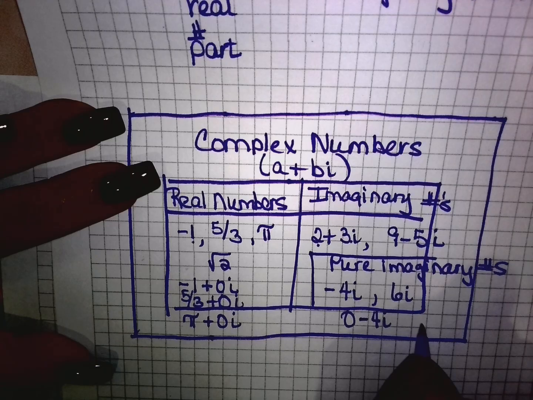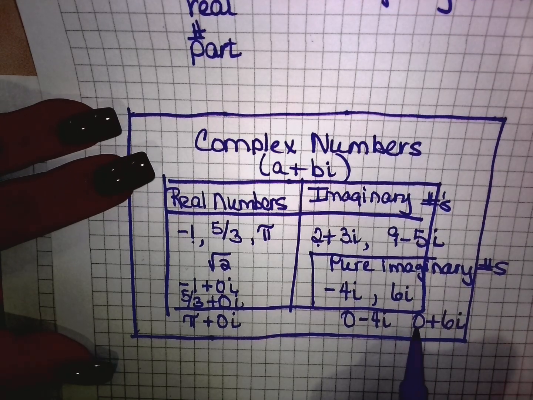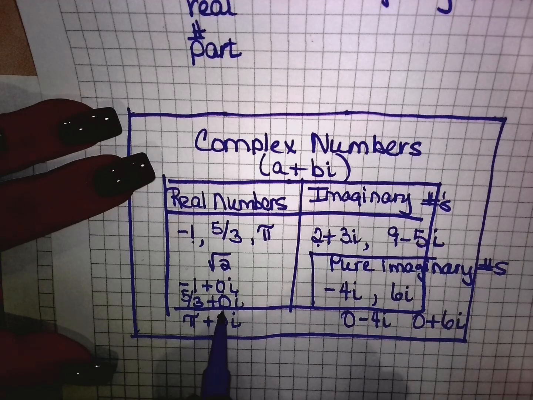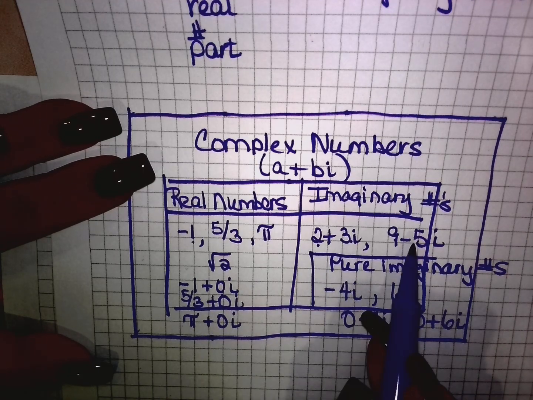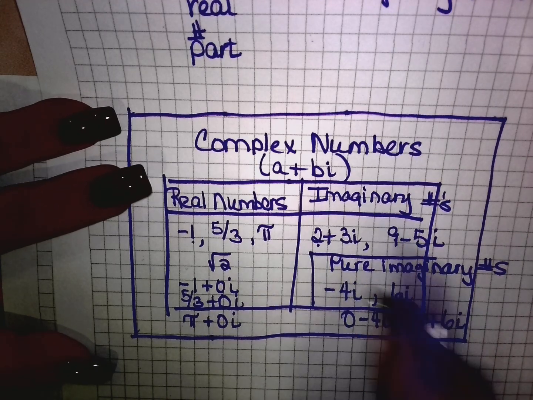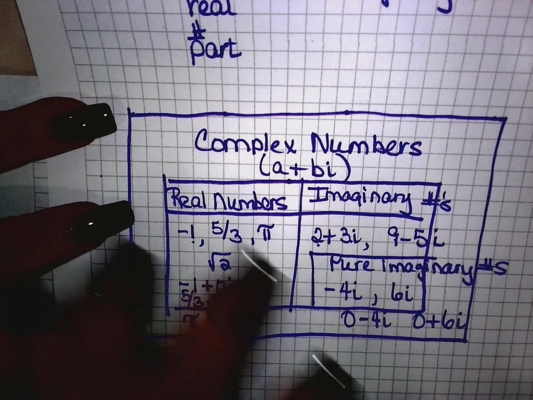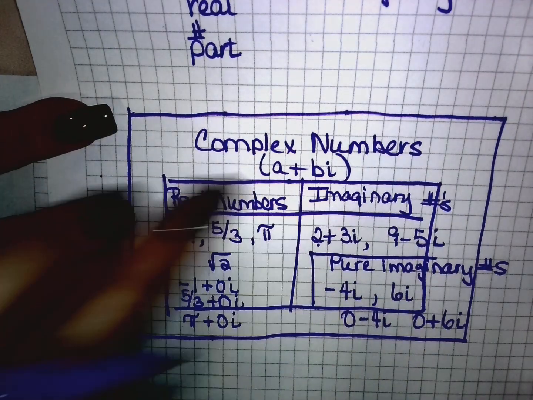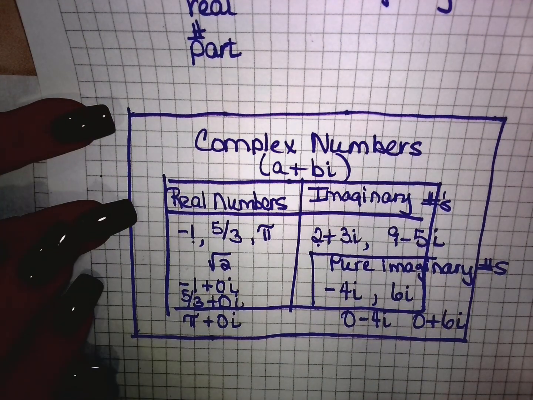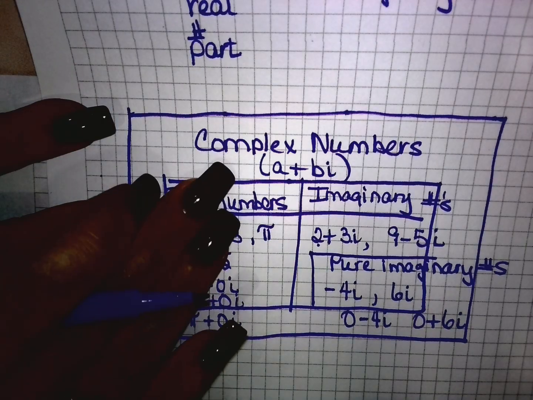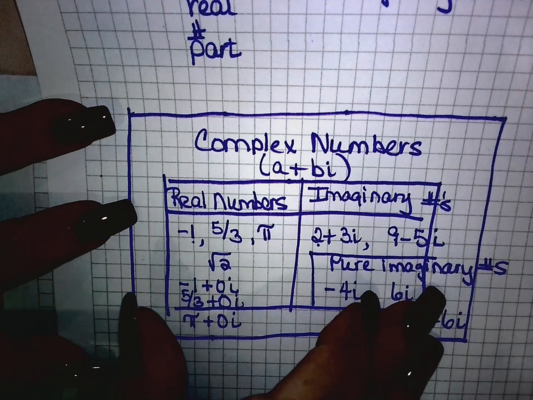And over here 6i would be written as 0 plus 6i, because the a's are 0. Here the b's are 0. Here neither one can be 0. Okay? So that lets us write every number we have ever worked with as a complex number, all the numbers. Again, we've only dealt with these in the past. These are the new guys.